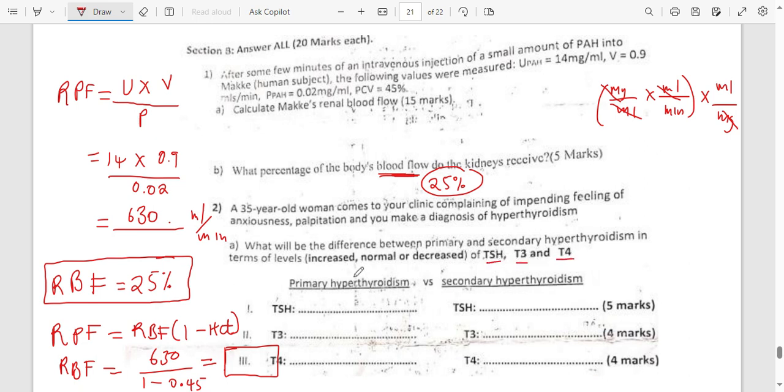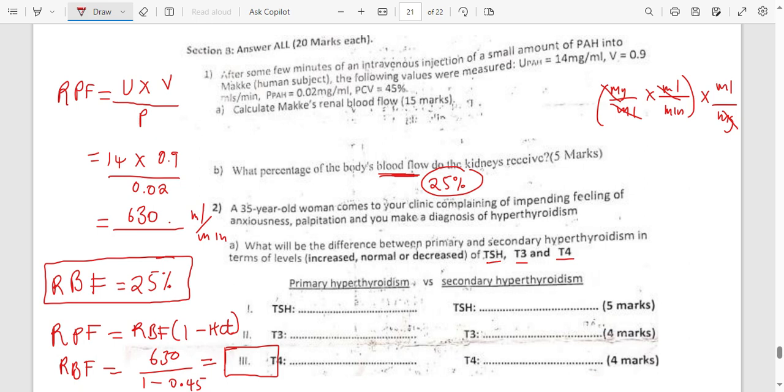Now, primary hypothyroidism means that the problem is on top, like from the pituitary there. Secondary hyperthyroidism means that the problem is on the thyroid gland, where the thyroid hormone is supposed to be produced.